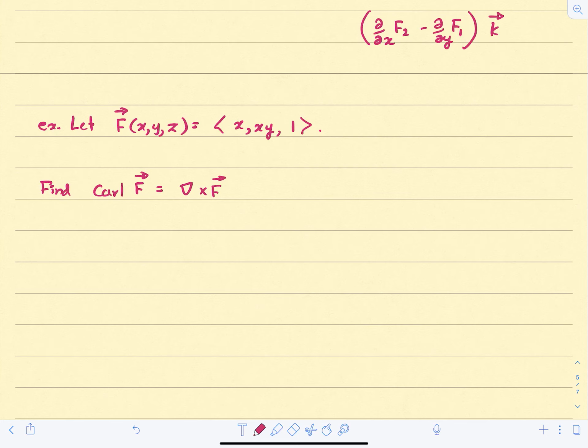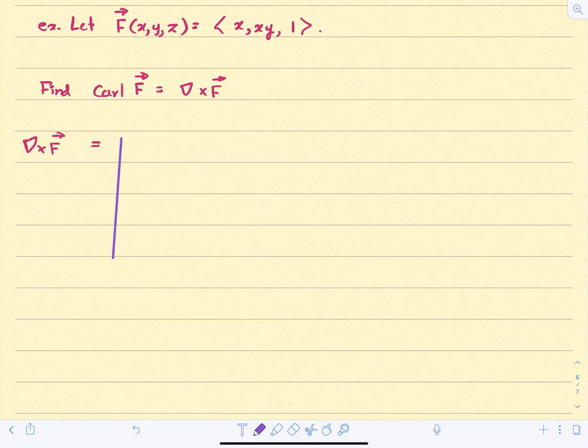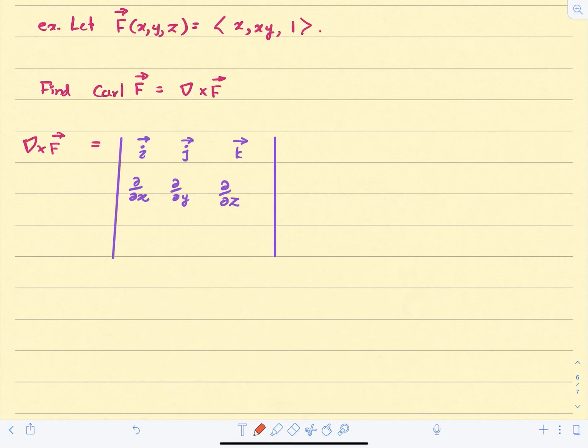Now this equals the determinant. In the first row we should have the standard vectors i, j and k. Next we have the components of the gradient operator. And finally, we have the components of the vector field f: x, xy, and 1.